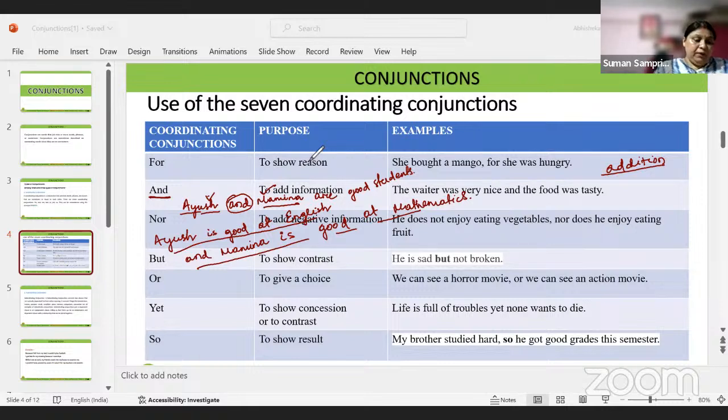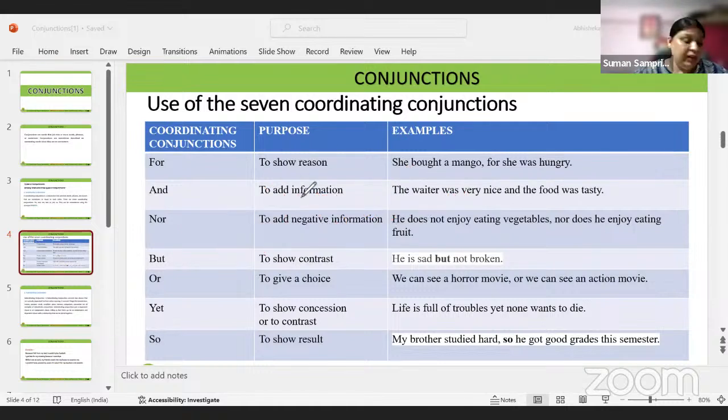So what we did here, we joined both the sentences and took up only the two things that are important to be written, because good students is a common thing here. What is new? Ayush and Momina. In the other sentence, what is new? Good at English and good at mathematics. So we are writing that. I hope it is clear. So what we do with "and" is join additional information which is equal to each other. Okay. Clear?